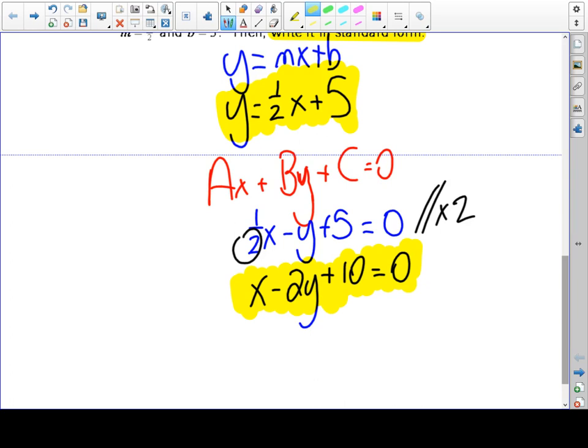What else do I want to say here? Again, slope y-intercept form is way more useful because you can look at the equation and say, hey, the slope is a half. Hey, the y-intercept is 5. And then you can say, hey, I can graph it now. But if we take a look at x minus 2y plus 10, and you say, well, what's the slope?